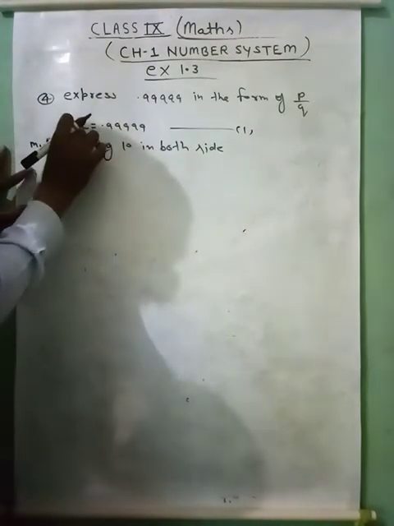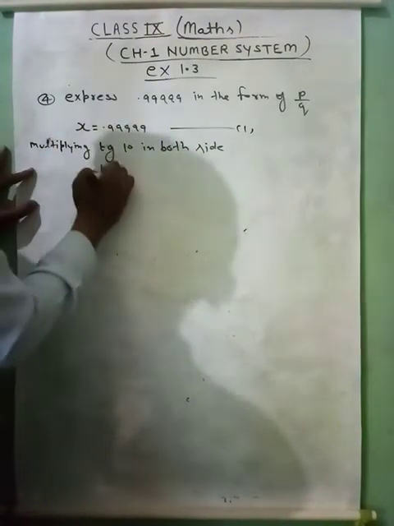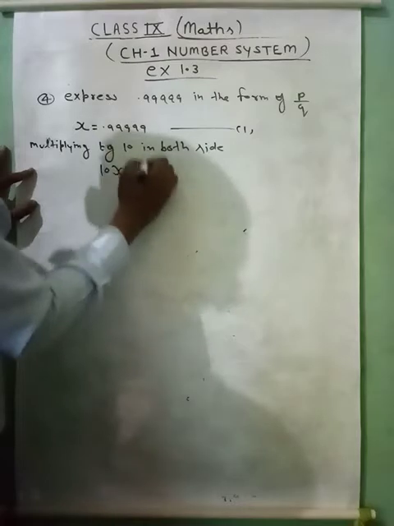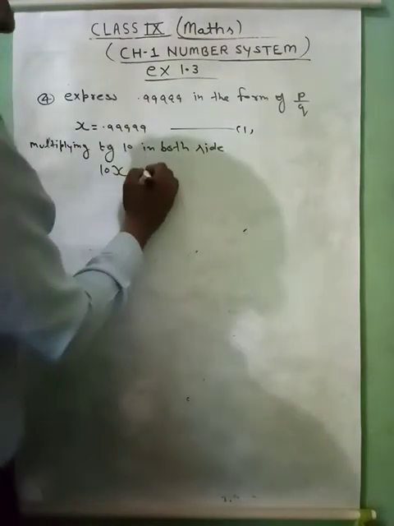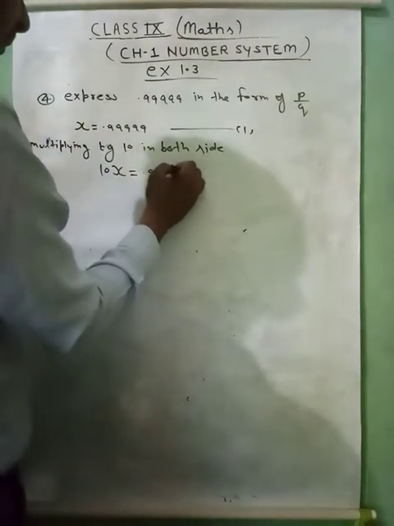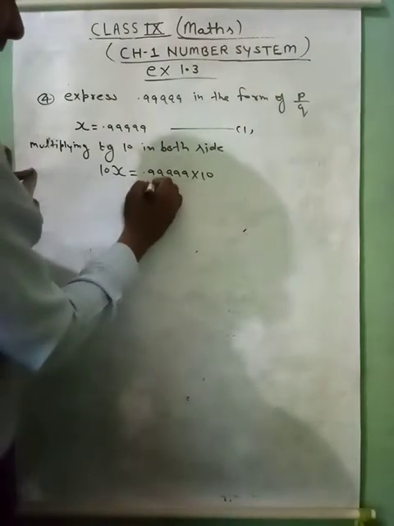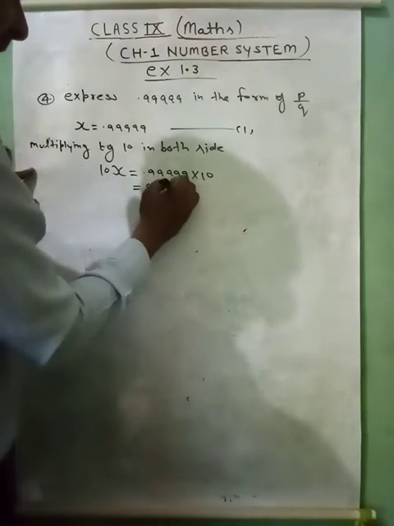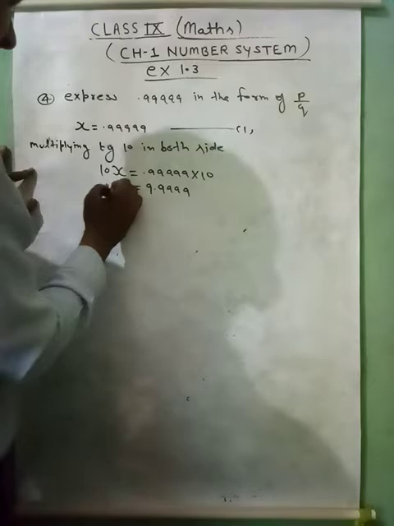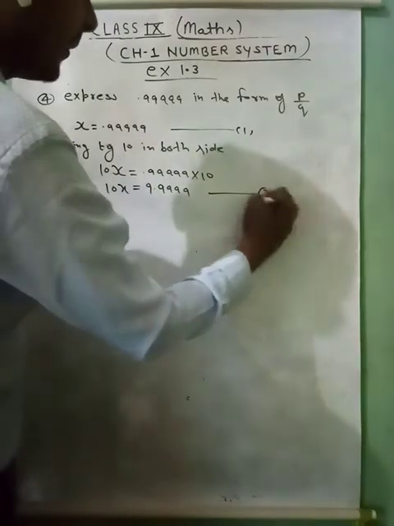When it is multiplied by 10, it will be 10x is equal to 9.9999. It is equation second.